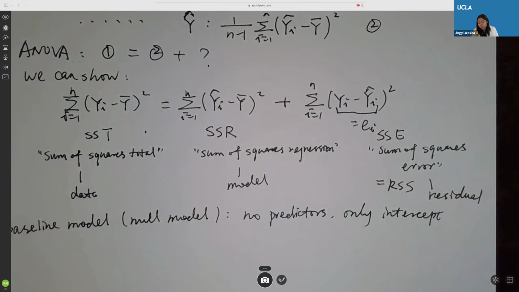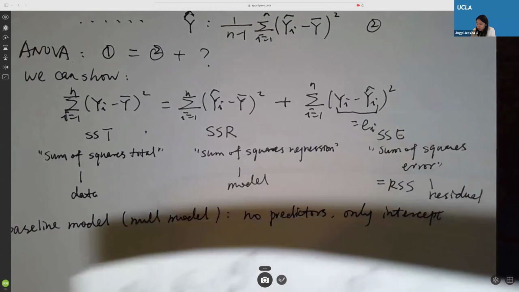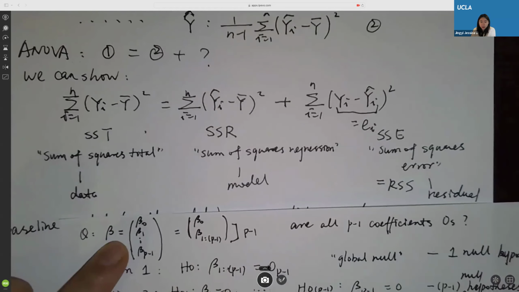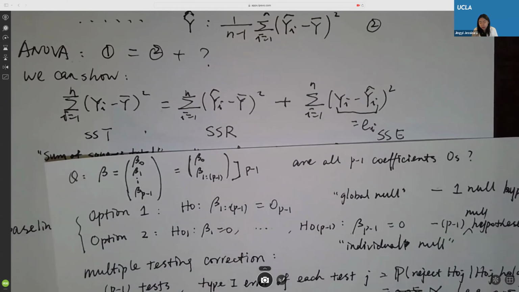Think about our likelihood ratio test or the Wald test for the scenario we just discussed. If we're interested in testing all these p-1 effects to be 0, and there's only one intercept left, then how do we write down this model?